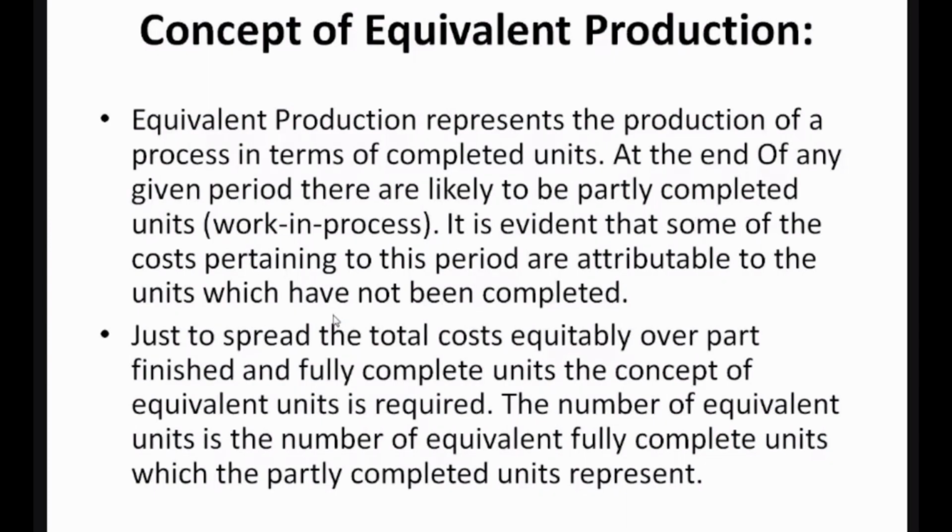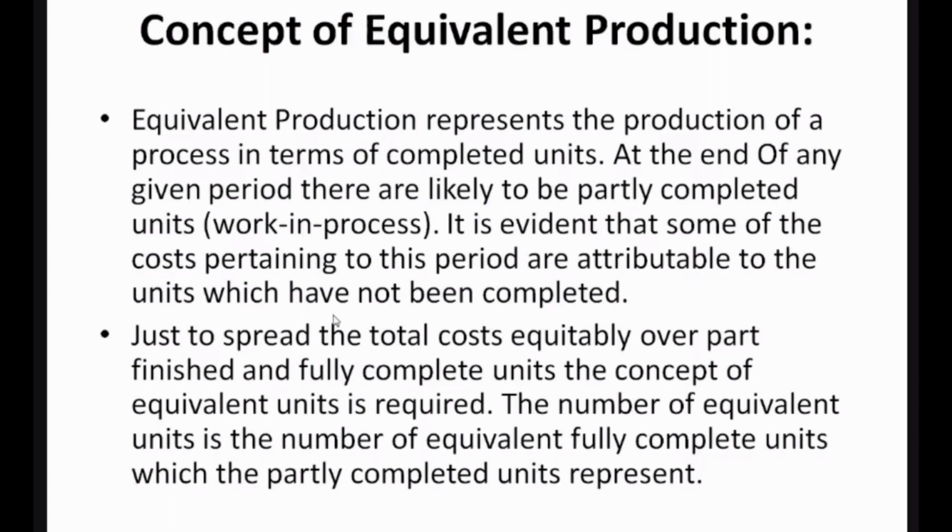In that case we will need to convert the semi-finished goods equivalent to the finished goods. For example, if the goods are completed at 50% level, then 2 units are considered equal to 1.